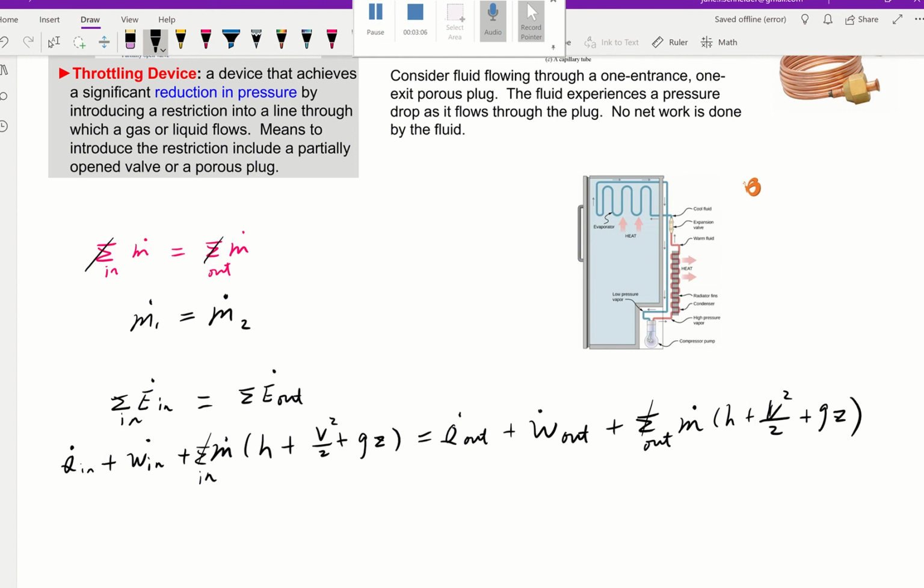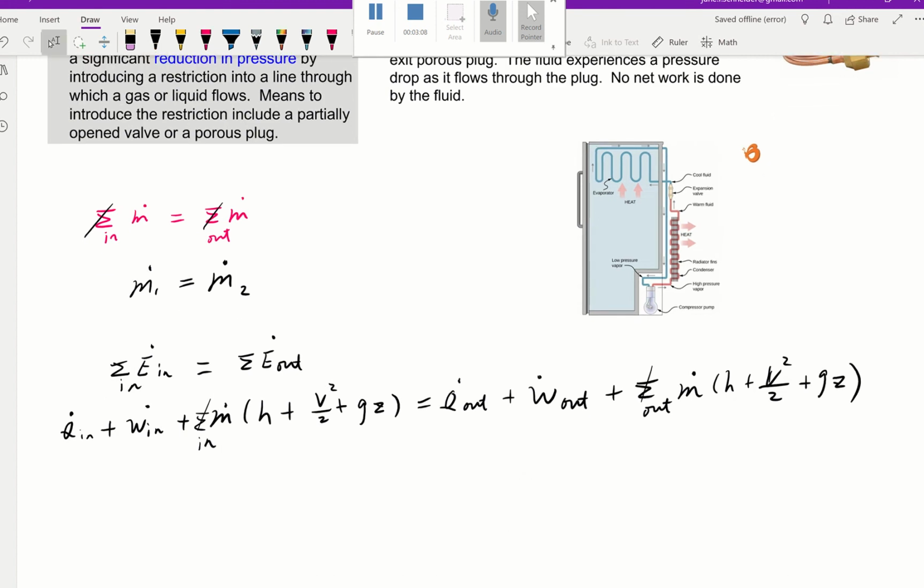Now let's think about this equation. We're going to make some assumptions. What assumptions are we making for a throttling device, or expansion valve? We consider there's no heat transfer. It's well insulated.